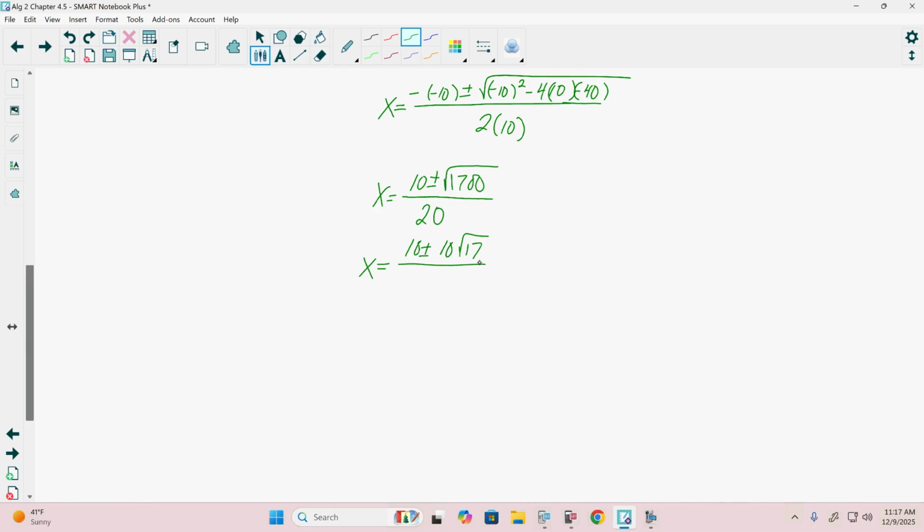So the 100 would simplify to 10. Because really what we're saying is that we have 17 times 100, or the square root of 17 times the square root of 100. Square root of 100 is 10. Can't take the square root of 17, so it's 10 square root of 17. Questions on this here?